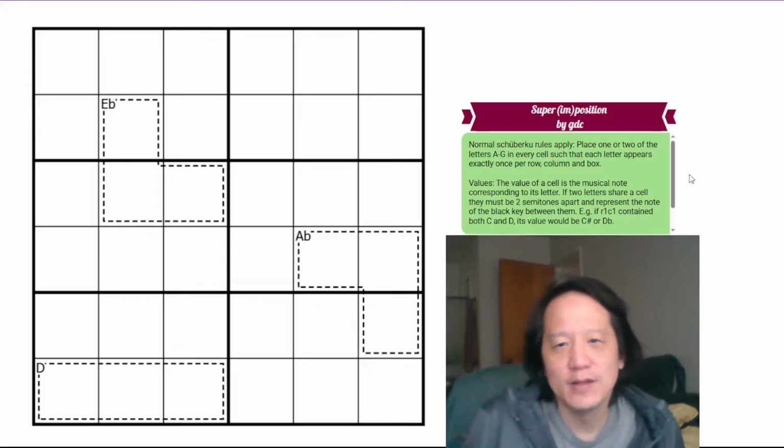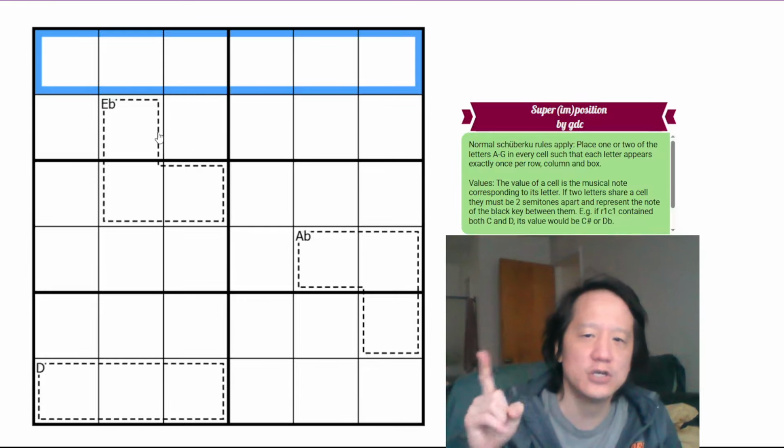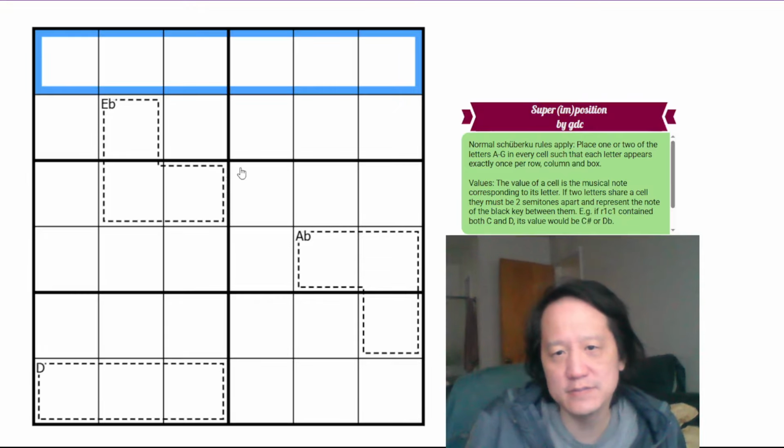Anyways, let's see what that means. Place one or two of the letters A through G in every cell, such that each letter appears exactly once per row, column, and box.